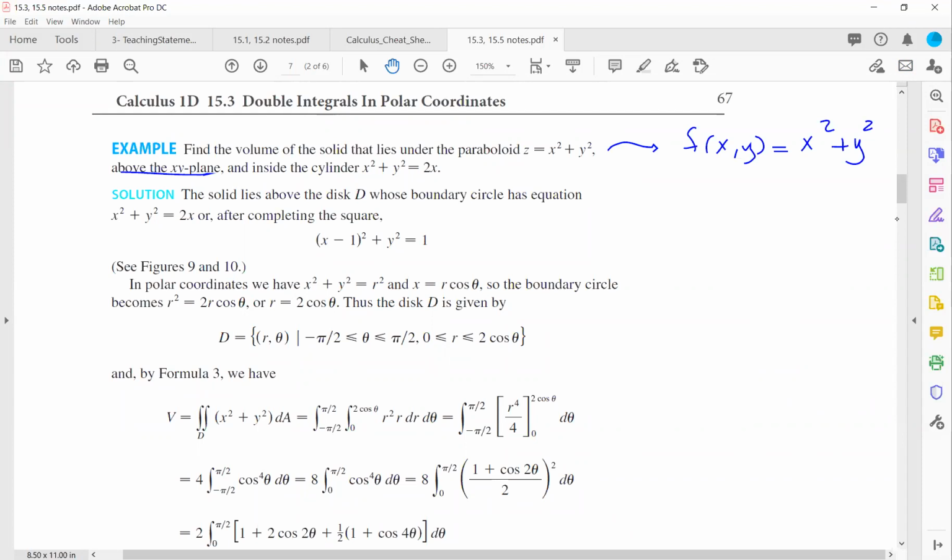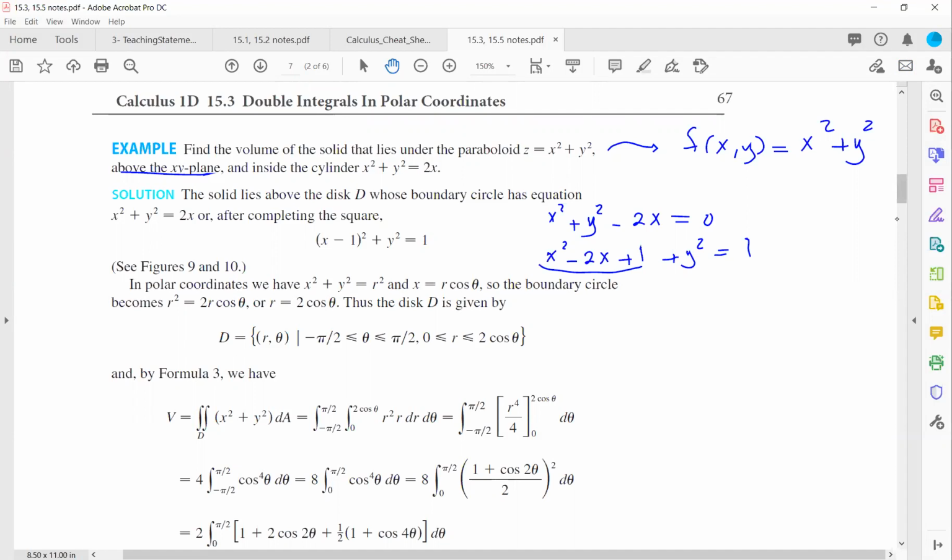Perfect. We know that we have a cylinder, x squared plus y squared equals 2x. Complete the square to actually identify this using polar coordinates. It's very helpful. So here you have x squared plus y squared minus 2x equal to 0, which is x squared minus 2x plus 1 plus y squared equals 1.